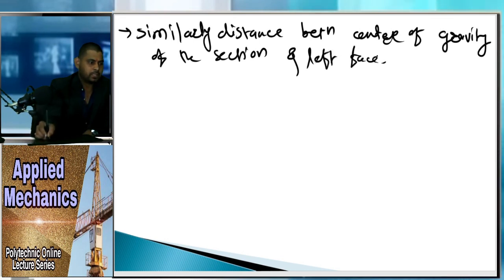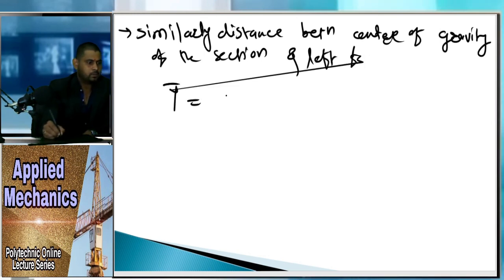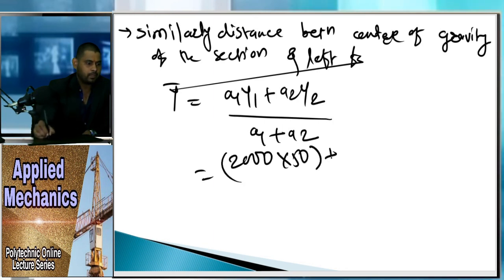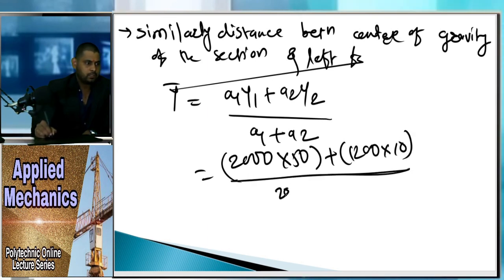So now see here, take y bar. y bar is equal to a1 y1 plus a2 y2 divided by a1 plus a2. Now put the values of all these terms. So here 2000 multiplied by 50 plus 1200 multiplied by 10 divided by 2000 plus 1200.